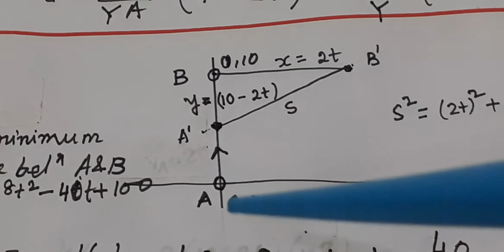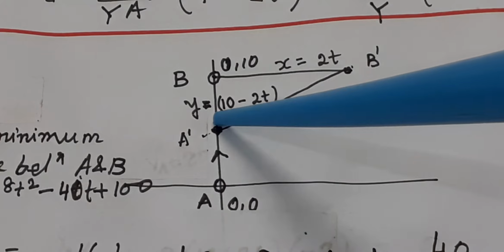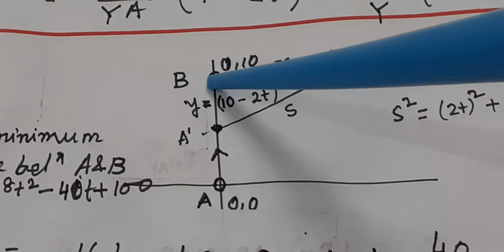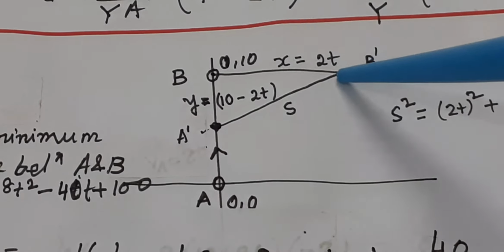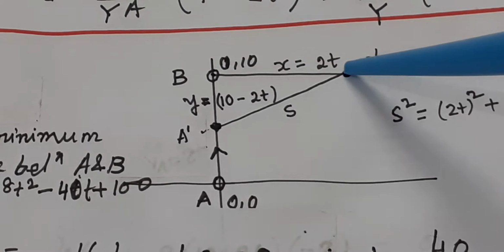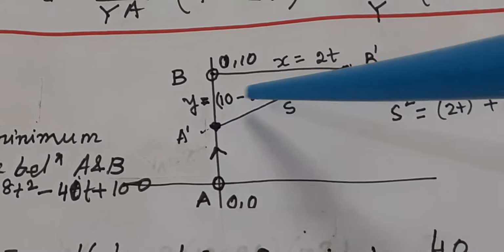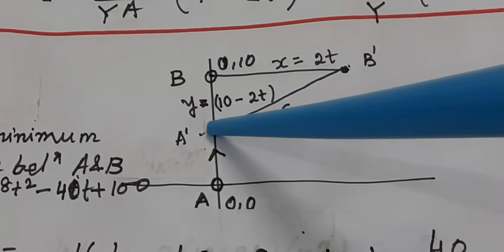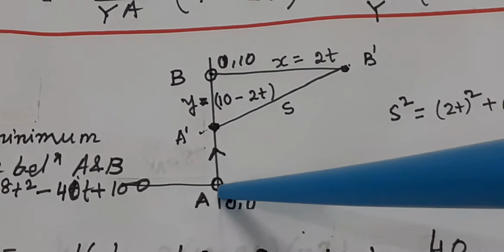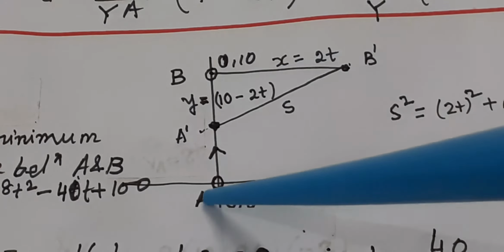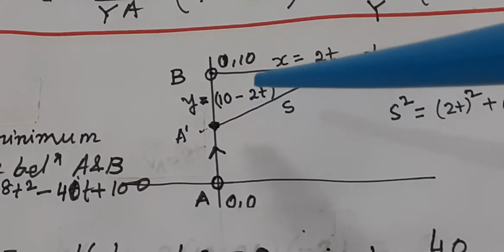So after time t, say A is somewhere at this position, that is A dash, and B will travel a distance twice t, that is B dash. This is their present position. Distance between them is this one. The initial distance was 10 minus the distance traveled, that means 10 minus twice t will be the present distance.